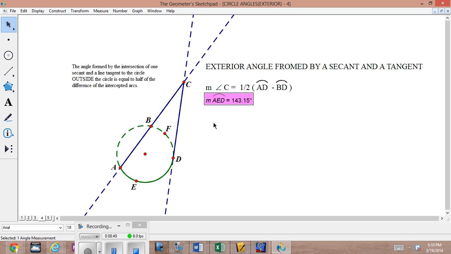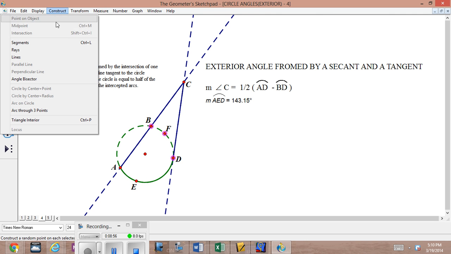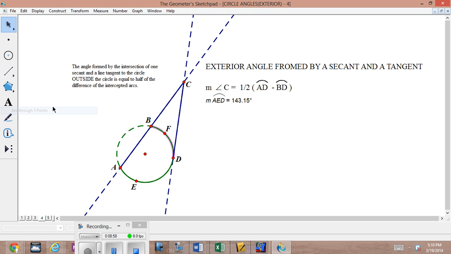Then construct the arc BFD, that's the closest arc, and measure it. Let's take their difference and cut it in half. That should give me the measure of angle C.